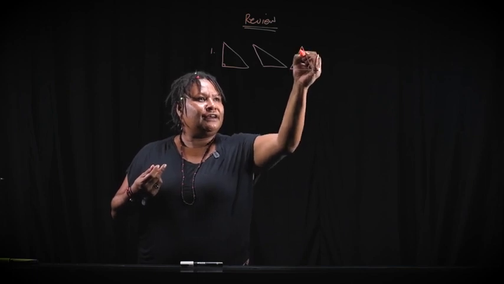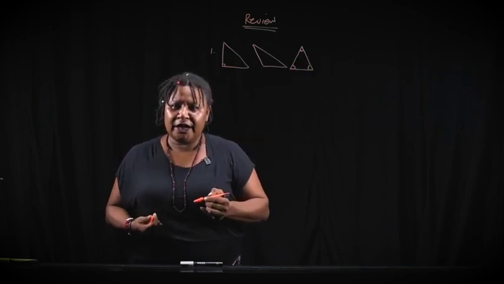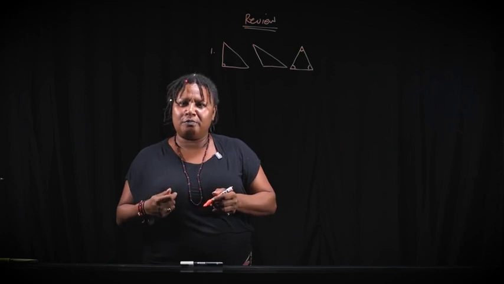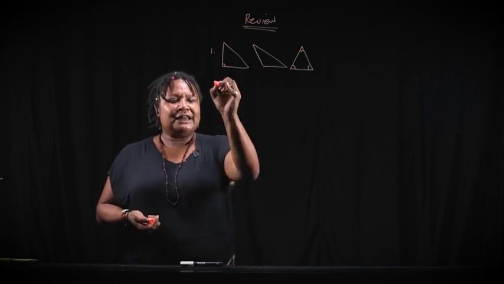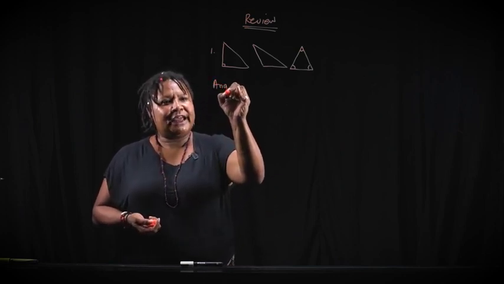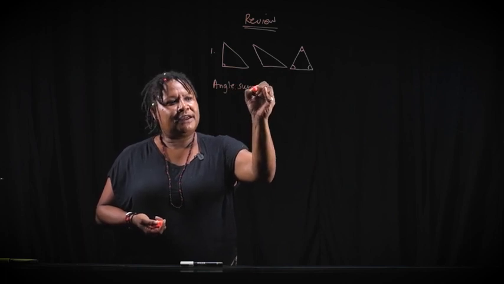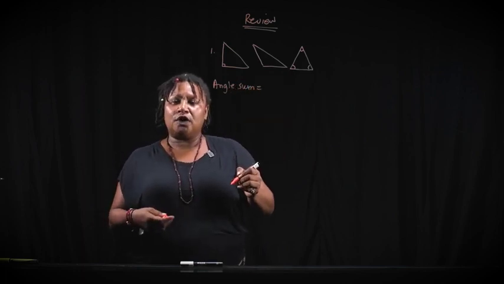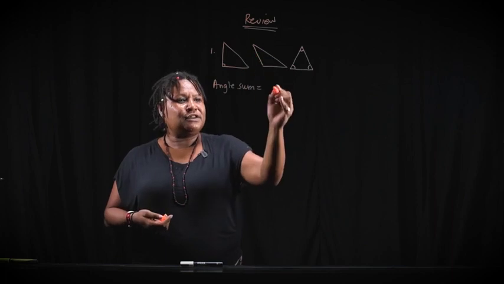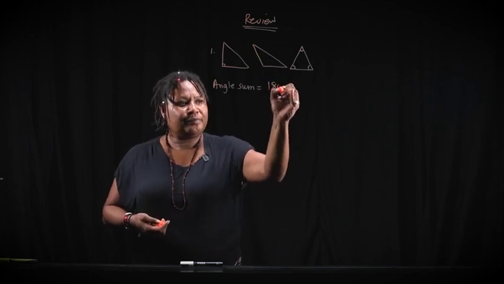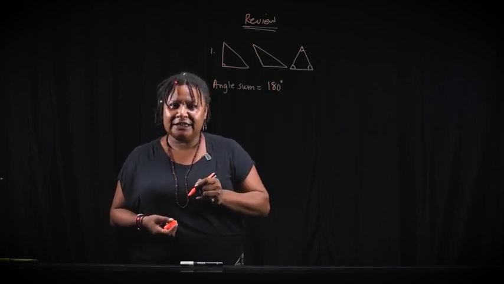Now, different types of triangles, but one thing they have in common is that they have an angle sum, or total sum of all the angles, equal to 180 degrees.